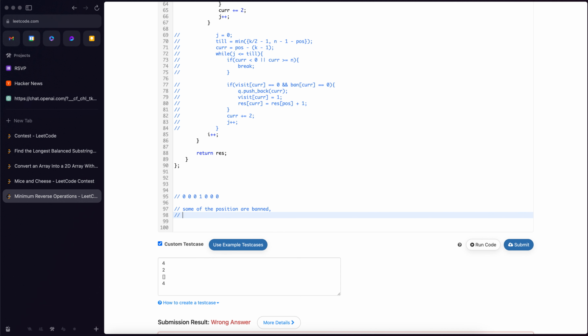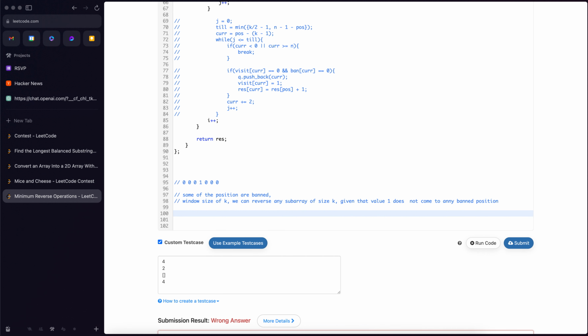And then there is a window size of k, that is, we can reverse any subarray of size k, given that this value 1 does not come to any banned position.